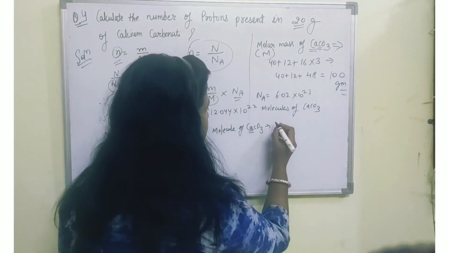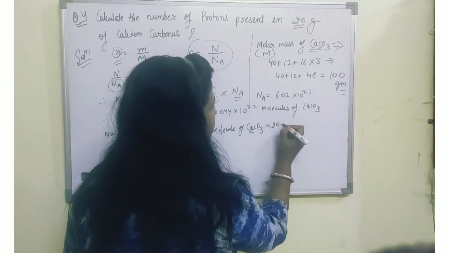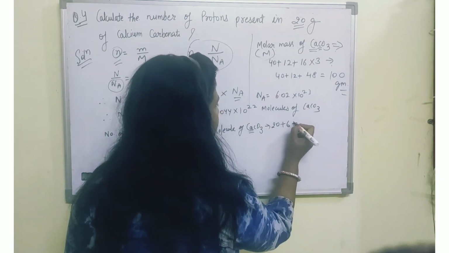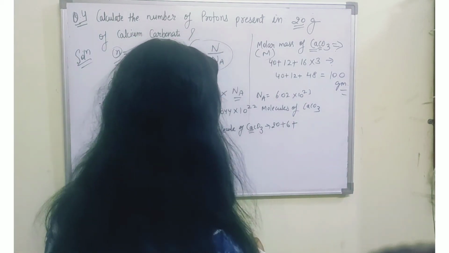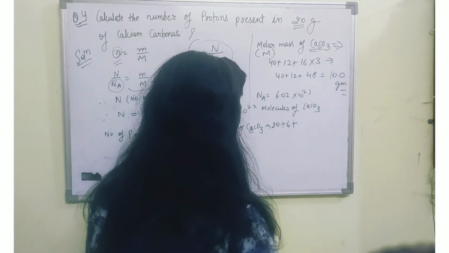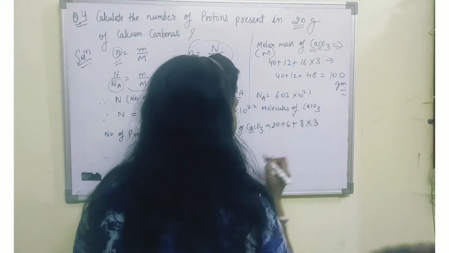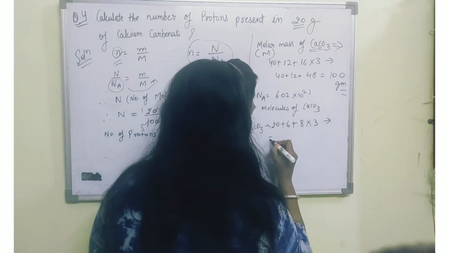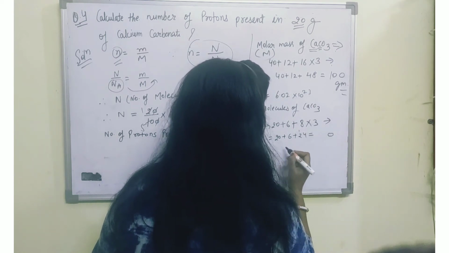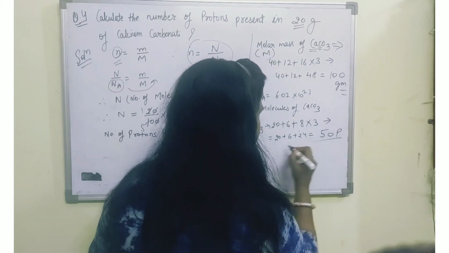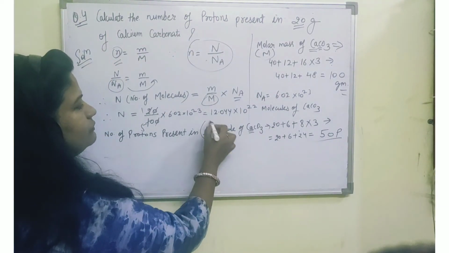Ca contains 20 protons and 20 electrons because its atomic number is 20. Carbon 6, correct? Plus oxygen 8, correct? Or 8 into 3. How many protons? 20 plus 6 plus 24, 50 protons. 50 protons are present in one molecule of CaCO3.